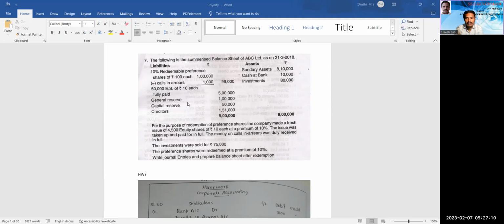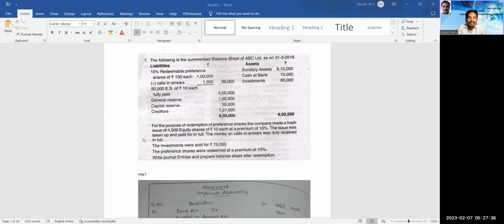General reserve account debit 55,000 to capital redemption reserve account 55,000. Why? Because 1 lakh you needed, 45,000 share capital has been received by the issue of 4,500 new equity shares. 1 lakh minus 45,000, the balancing figure, is to be adjusted from general reserve. That is a divisible profit, and one journal entry is to be written for that.